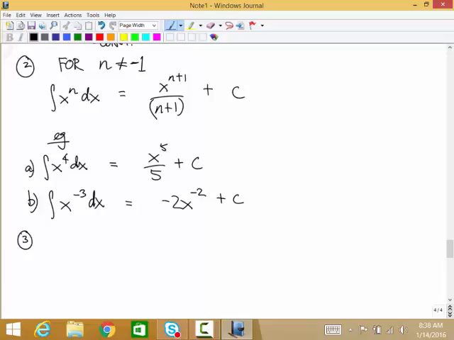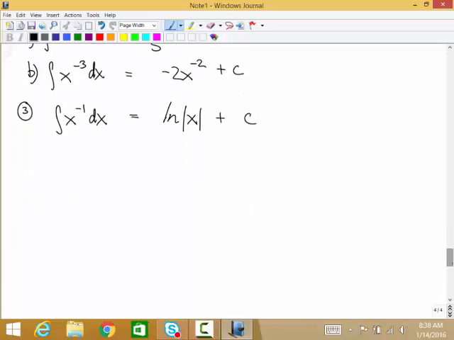The third key principle is if n is equal to -1, then the integral of x to the minus 1 dx is equal to the natural log of the absolute value of x plus c. Now sine and cosine.